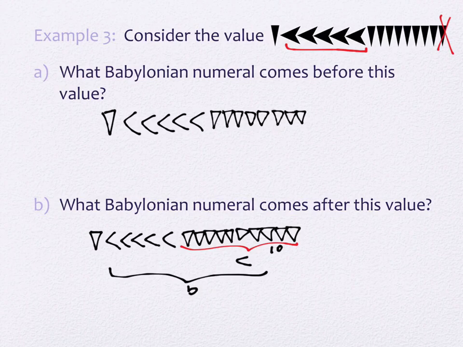Not 5, 6, apologize. There were already 5, so 6 arrows. There were 10 triangles. So when I have the 6 arrows, I need to move to the next place value and add one more to it. Well, it's a 1 that I'm adding to it, so I would add the number 1 to the number 1, and the answer would look like this.